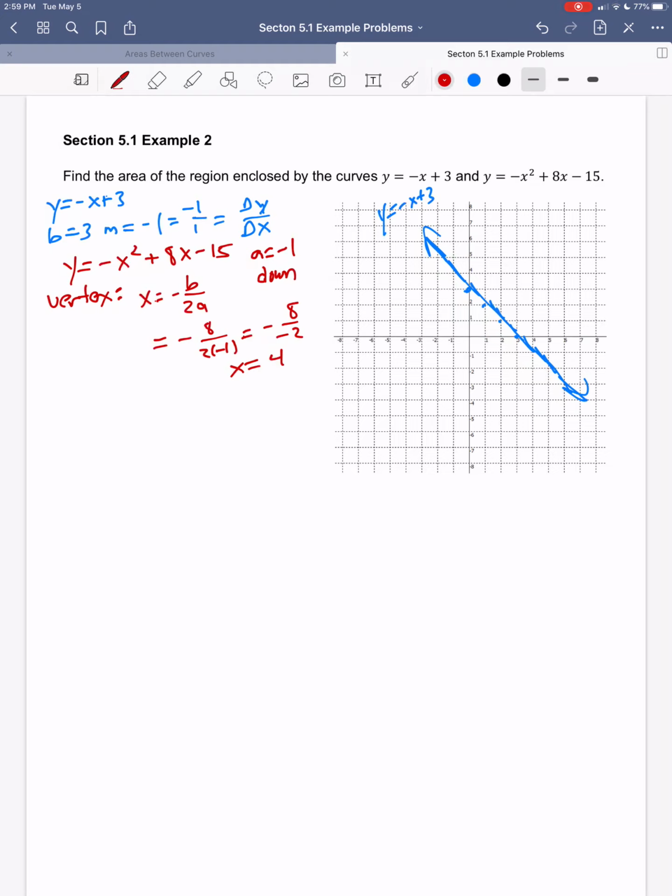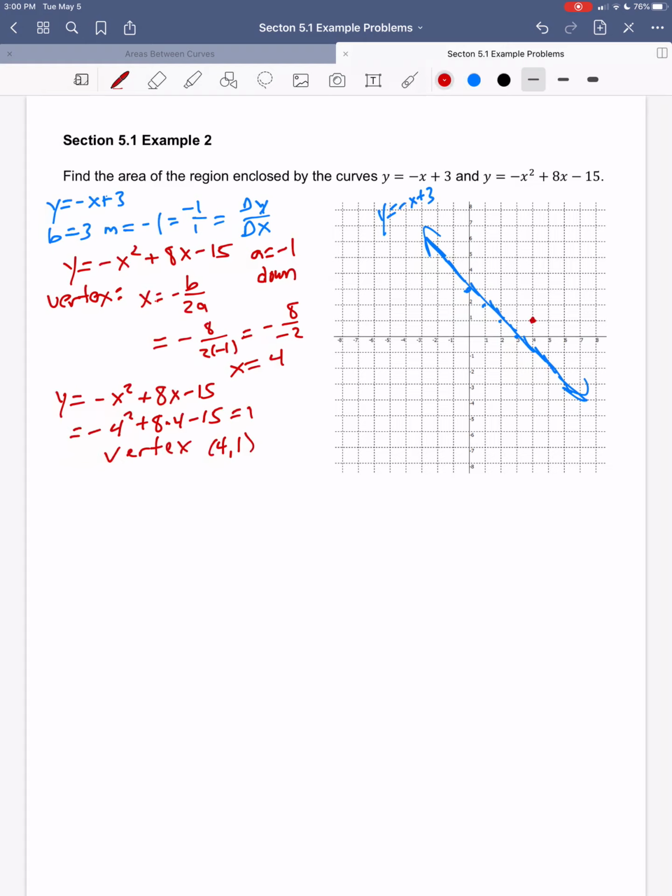For my y-coordinate, we just plug into my function, negative x squared plus 8x minus 15. So that would be negative 4 squared plus 8 times 4 minus 15, which would be 1. So my vertex is going to be at 4, 1. So 4, 1 would be here.